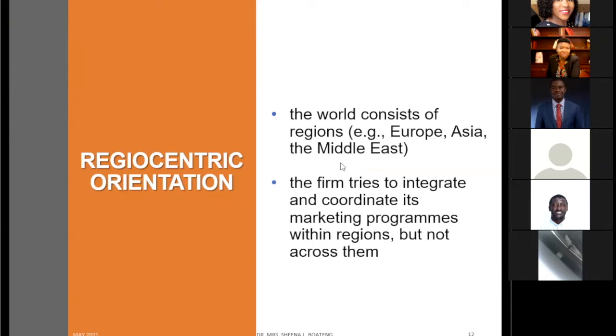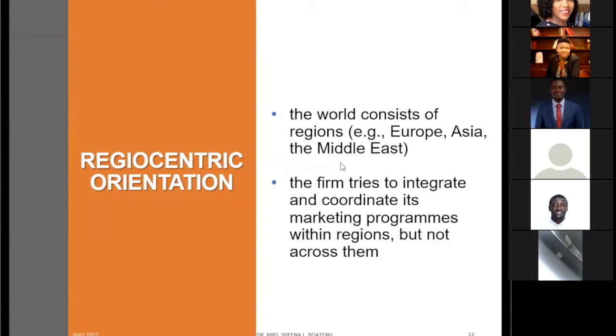So even in Africa, they have broken Africa down into different regions in which they operate. And here the firm in question tries to integrate and coordinate its marketing programs within these regions. So it makes it easier for them to serve these regions with specific tactics and strategies, rather than picking them apart and treating them as individual countries or markets.